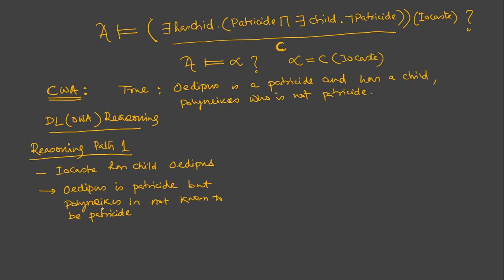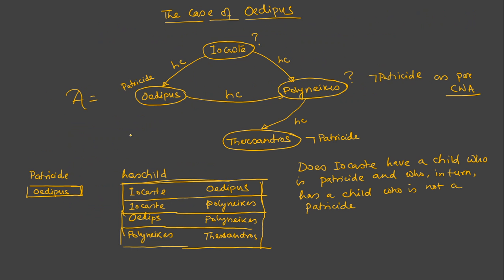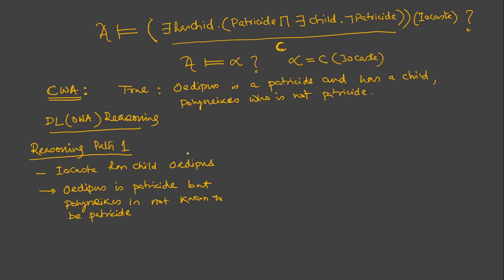So as we have got uncertainty, if we follow this path, Iocasta to Oedipus and Oedipus to Polynicus, it is becoming false. So we discard this Oedipus as a contender. Oedipus case is discarded.